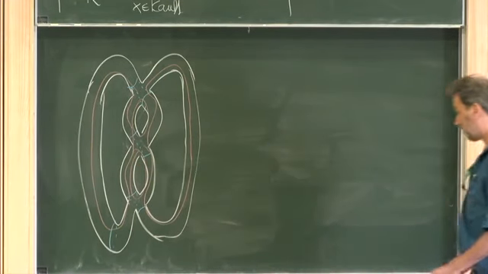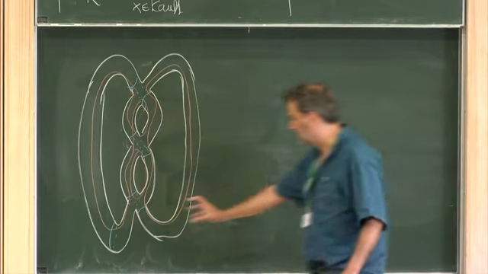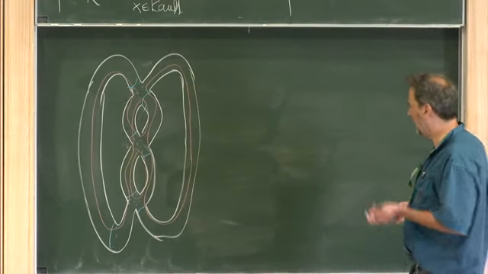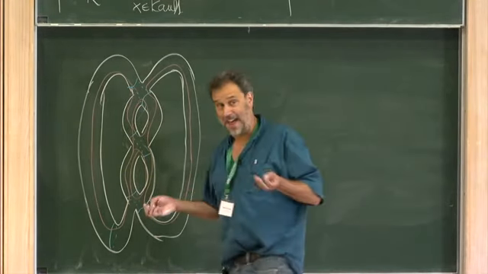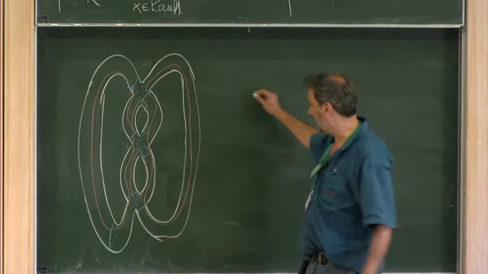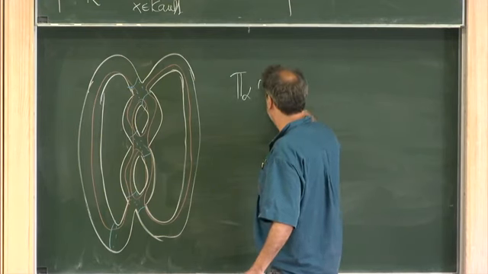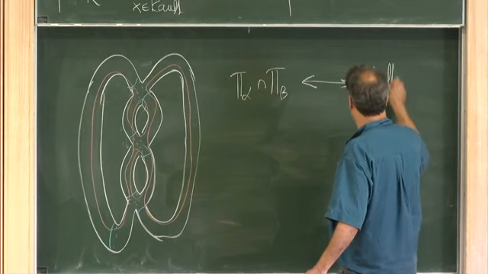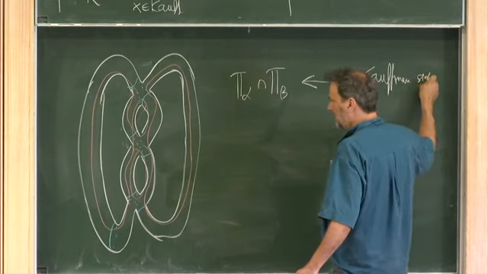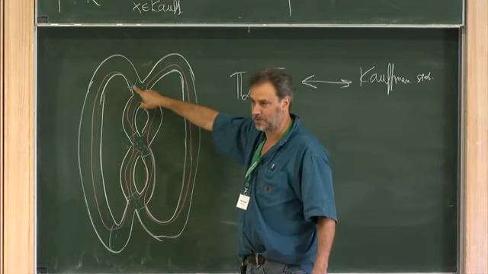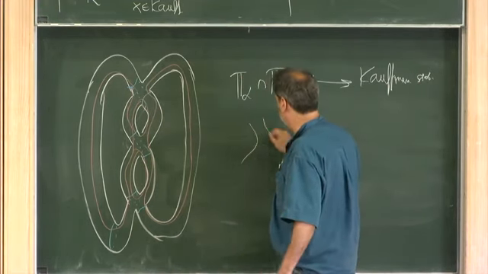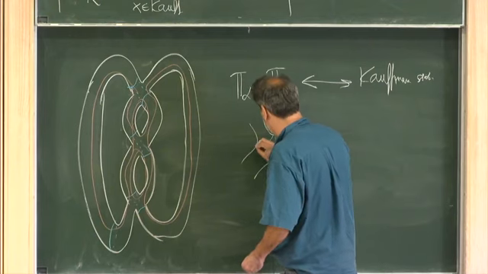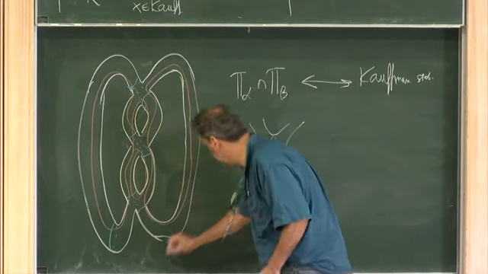So one beta circle that's transverse that corresponds to the starred edge, and the elementary observation is that T alpha intersect T beta is simply the points in here, which are in a one-to-one correspondence with Kaufman states. And you can see that in the neighborhood of each beta circle you have at most 4 different positions.